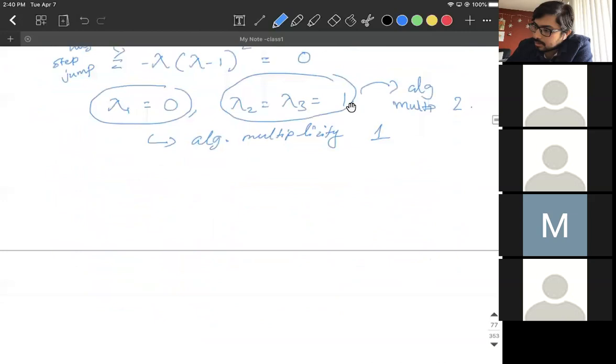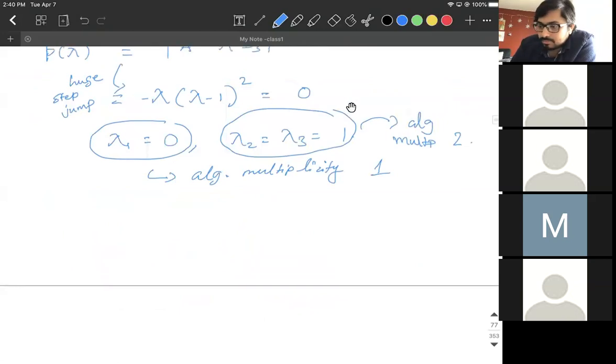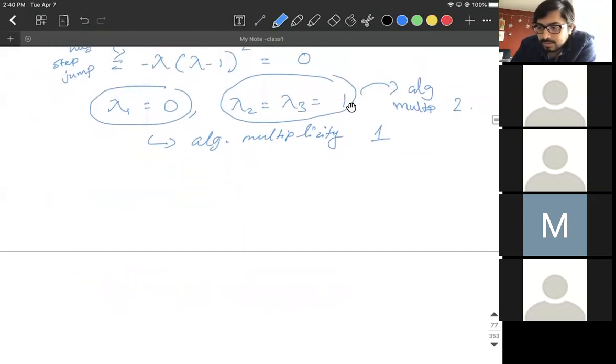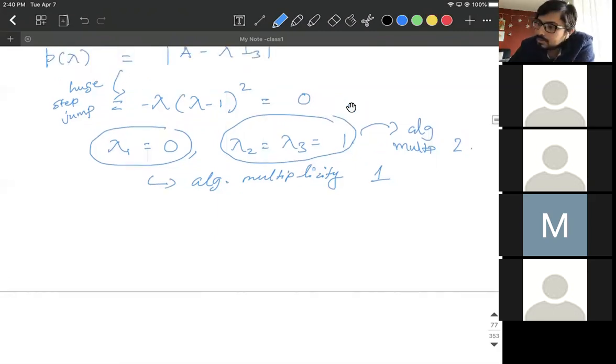Okay. Now, the eigenvector corresponding to 0 is not a problem, because since the eigenspace is a vector space, it should have dimension at least 1. So the geometric multiplicity for eigenvalue 0 should be 1. There's no problem. The problem might arise for the second scenario.